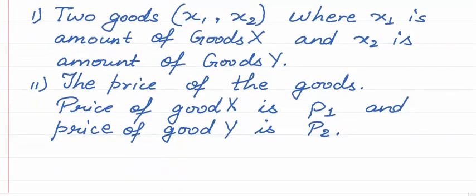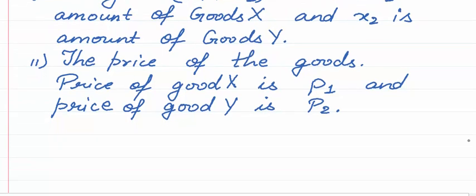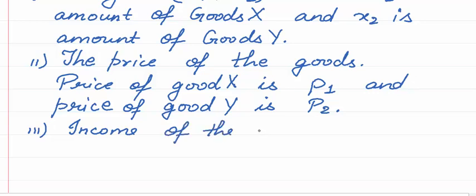Now, after taking the price and the quantity of both the goods, we must know the total income of the consumer. Let us denote the income of the consumer as variable M.